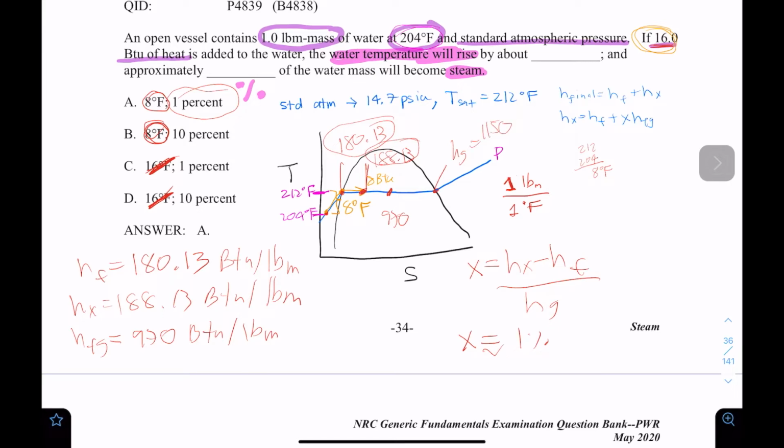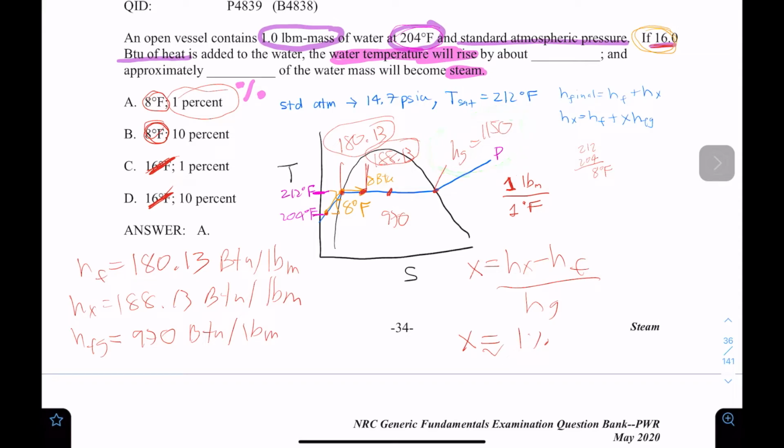So I know that it's going to be around 1%, right? It's a very, very minimal increase in percentage because I'm only increasing 8 BTU. If I wanted it to increase to 10%, I'd have to add more than 115 BTU to make it 10%, right?